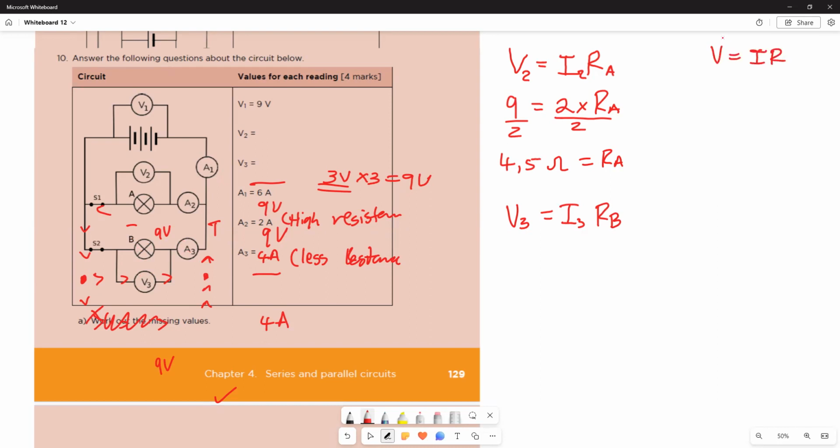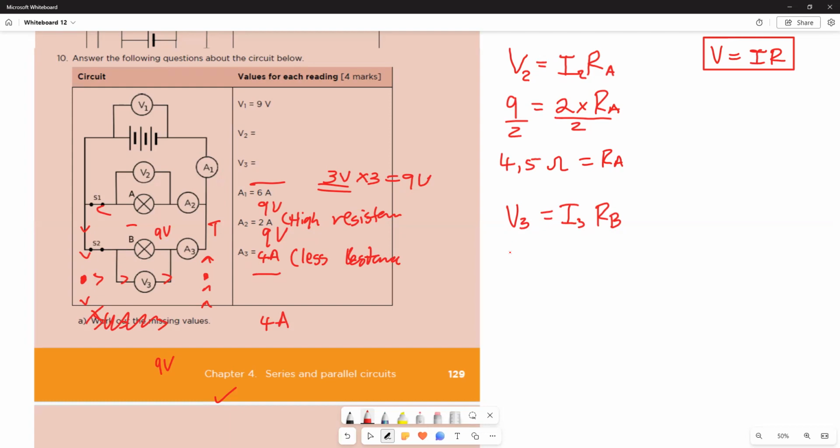This is the most important formula you use. They will always give you 2 of the 3 unknowns. Then they'll ask you to solve for the third one, right? Perfect. So now let's proceed.